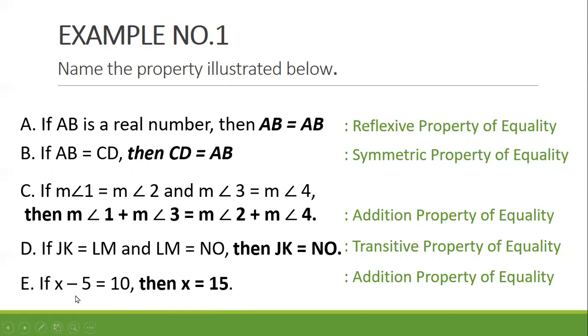To isolate x, we have x minus 5 plus 5. Cancel si negative 5 plus 5. So we have x, and then sa kabilang side, 10 plus 5 is equal to 15. Addition property of equality, kung ano yung in-add sa kabilang side, ayon din yung i-add sa kabilang side.